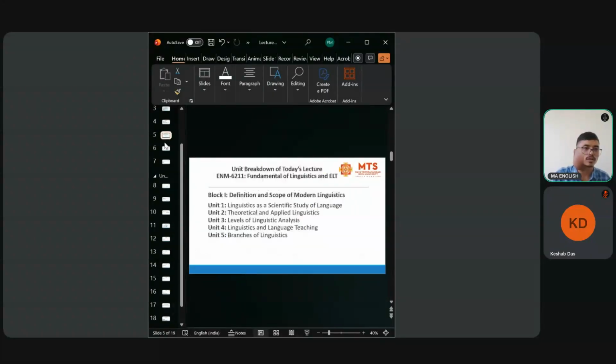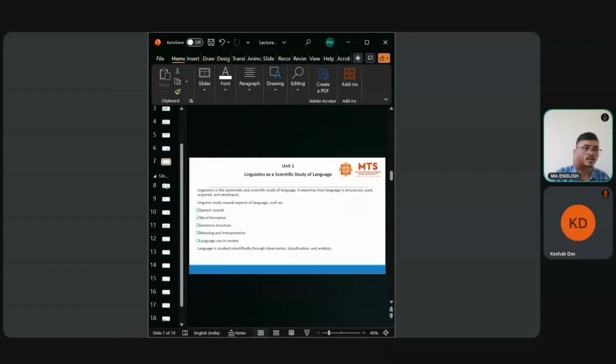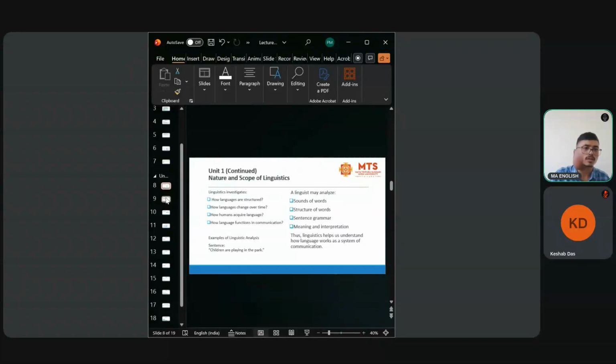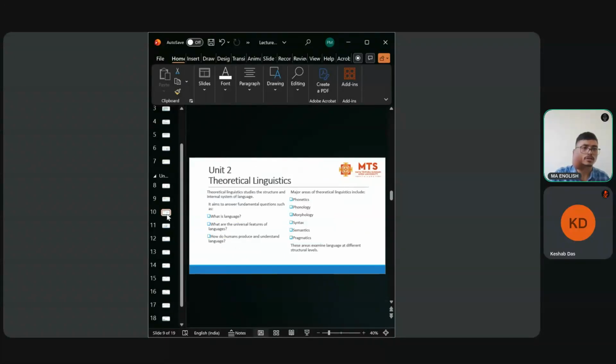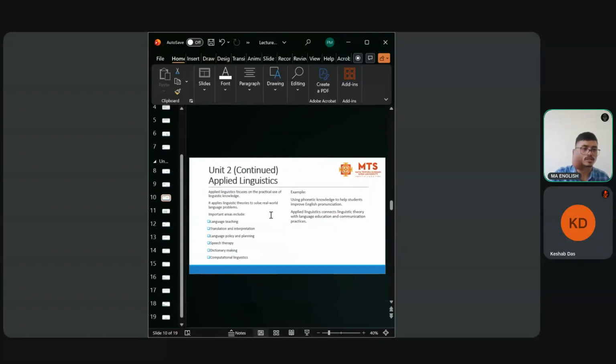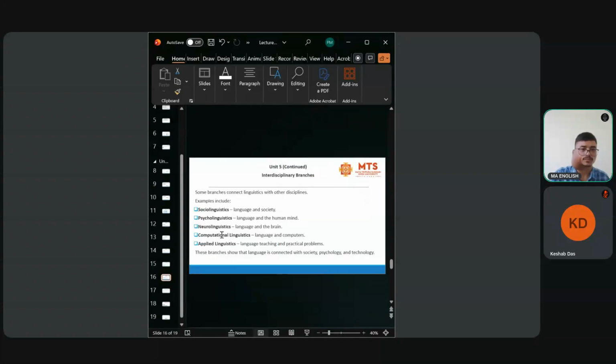Let's go back and take a look. See here, in unit two, I have already discussed this. As a reminder, applied linguistics focuses on using linguistic knowledge to address real-world linguistic problems, particularly in the area of language teaching and learning.